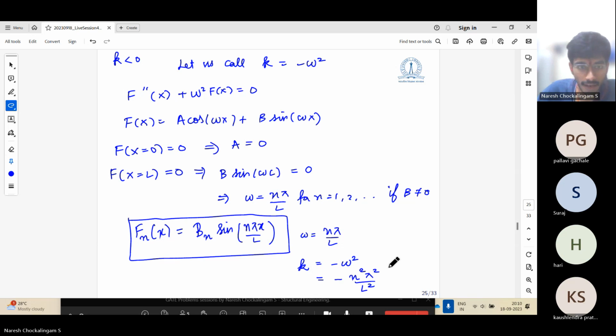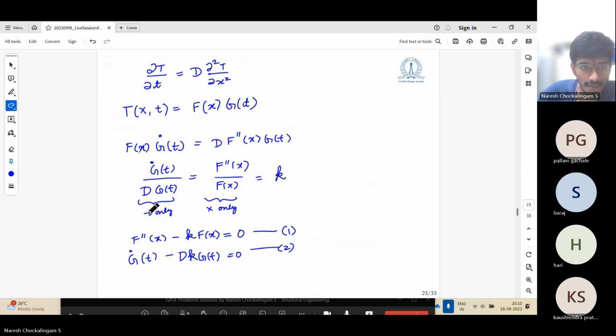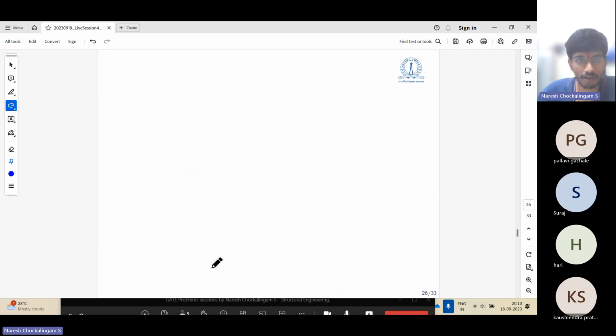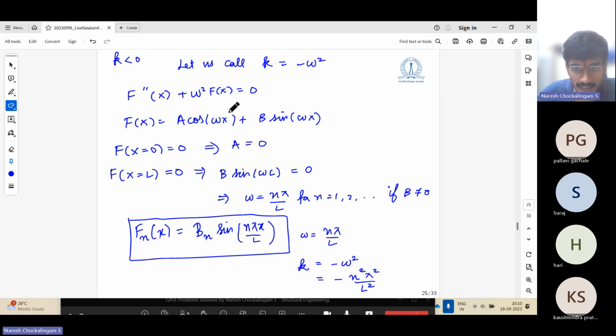Okay. Now we have the other equation here in terms of g dot of t minus d k g of t equal to 0. So we need to solve for this. But what is k? What did we get k as? k is minus n square pi square by L square.